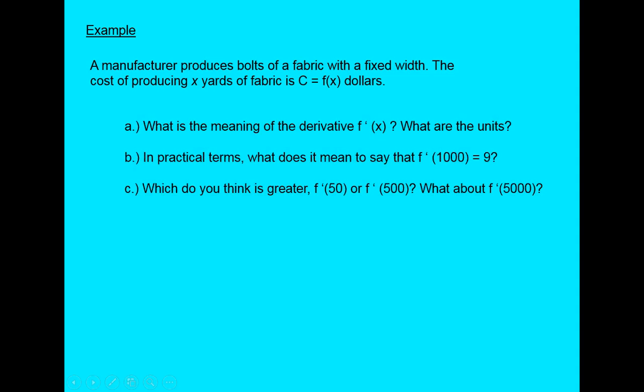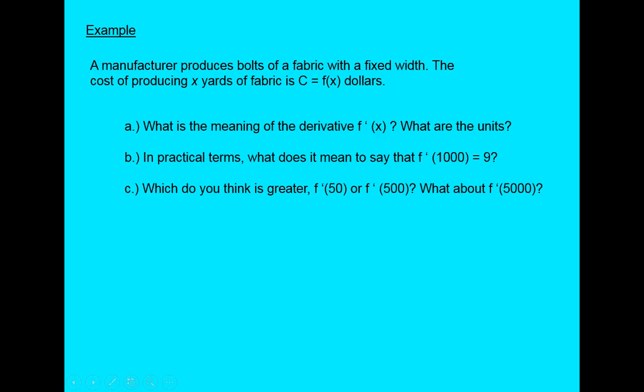A manufacturer produces bolts of fabric with fixed widths. The cost of producing x yards of fabric is C equals f of x dollars. What is the meaning of the derivative f prime of x, and what are the units?